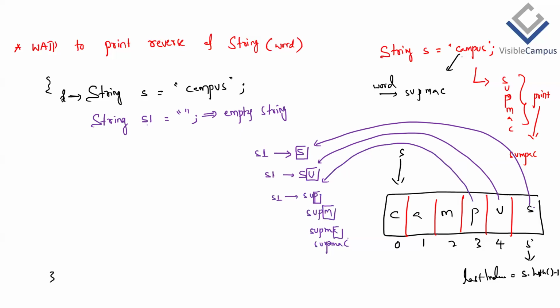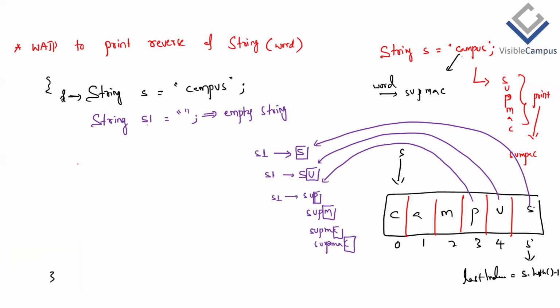Then how to get each character? With the string name dot charAt method with the index position, which starts from 0. Correct or not? You have already written the loop for printing the reverse of each character. Now what I am saying is, add that to s1. That's it. So how to do that? First, write a loop to get each character in reverse order.